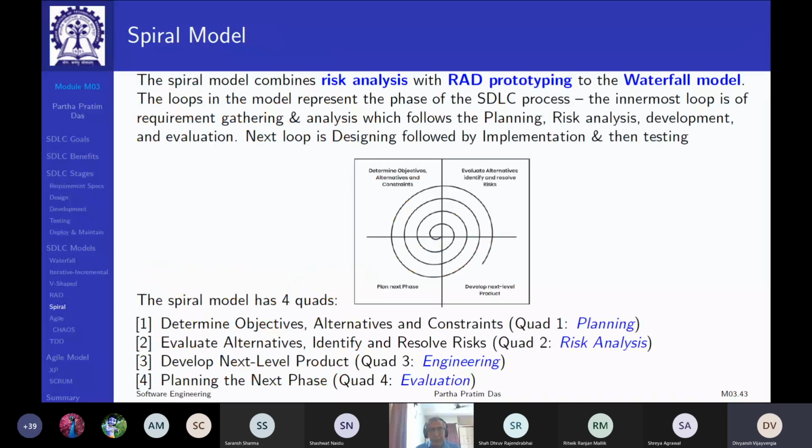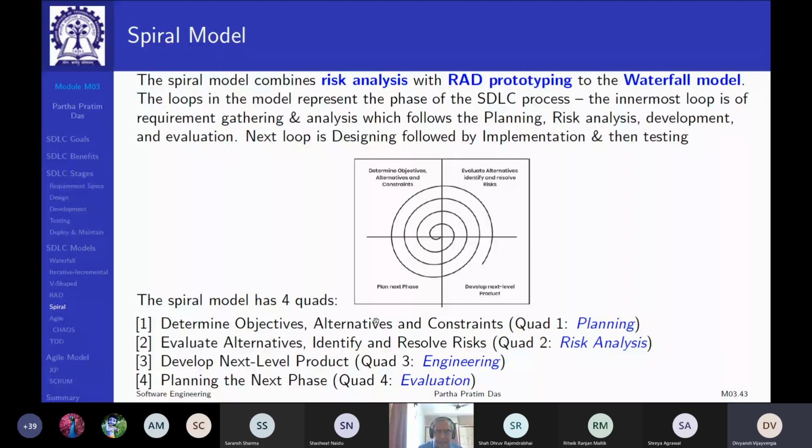Spiral is another model which basically combines risk analysis and RAD prototyping to waterfall. So Spiral is, as you can see, the name is given.